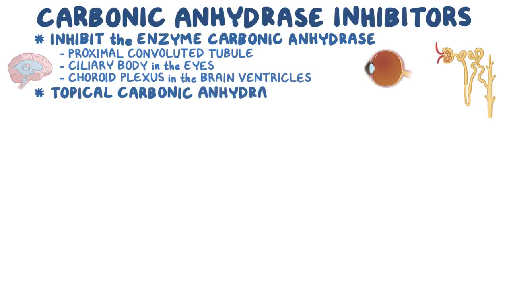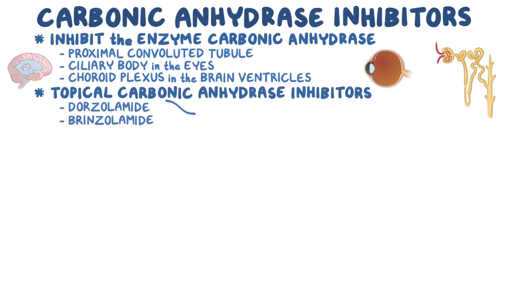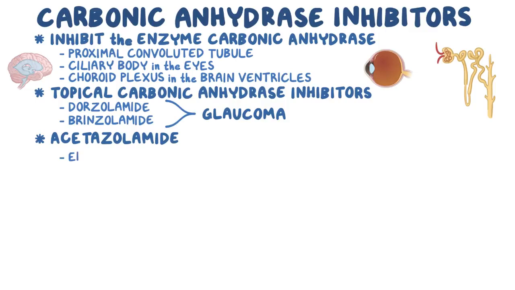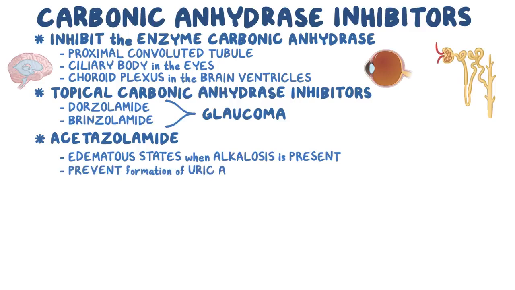Topical carbonic anhydrase inhibitors, such as dorzolamide and brinzolamide, are used in the treatment of glaucoma. Their systemic counterpart, acetazolamide, can be used to treat edematous states when alkalosis is also present. It could also alkalize the urine and prevent the formation of uric acid or cystine stones.